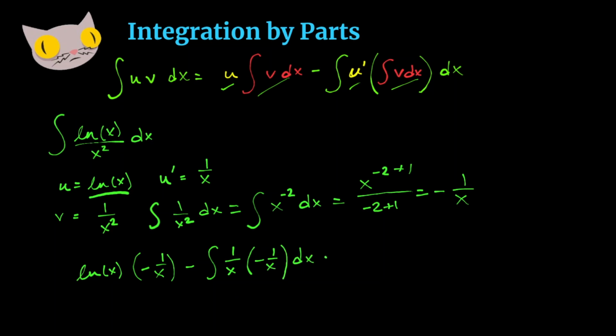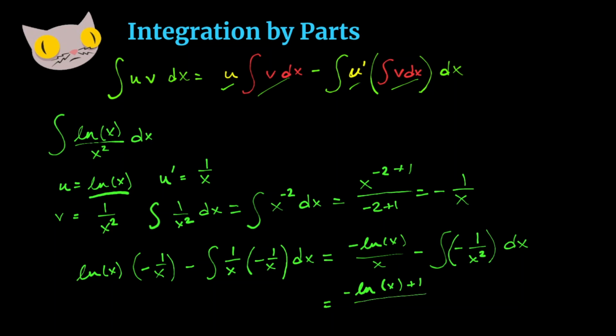All right, and then we can simplify this to negative natural log of x over x minus the integral of negative 1 over x squared dx. And then this gives us negative the natural log of x over x, minus 1 over x, plus c.